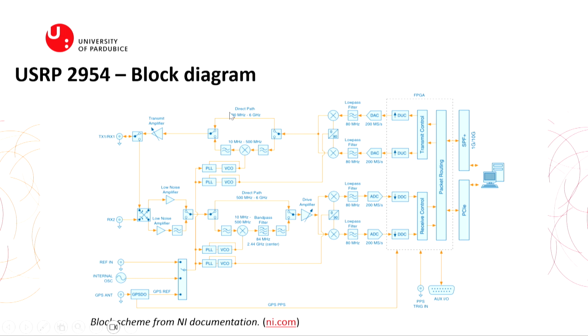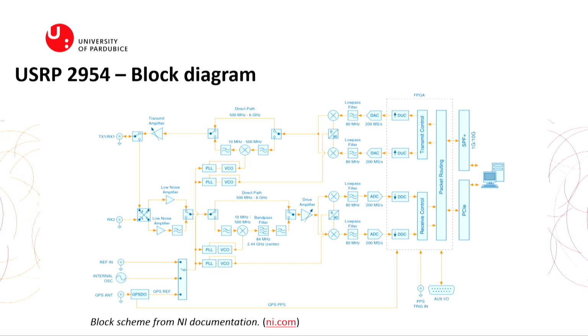This is the direct path from 500 megahertz to 6 gigahertz radio path, transmission amplifier, and go to antenna. Or you can go this way for bandwidth 10 megahertz to 500 megahertz. There is filtration, phase lock loop, and so on, and go to RX2. So generally there are 2 paths, because you can't have one path from 10 megahertz up to 6 gigahertz.